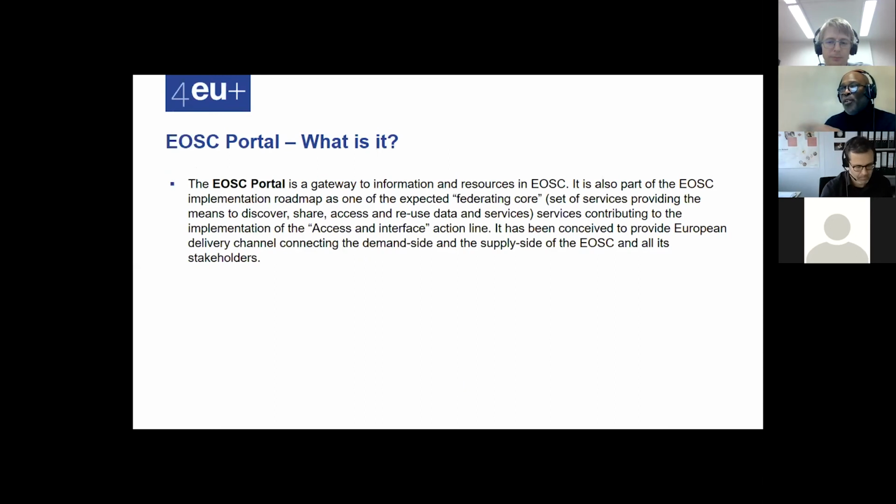It is part of the implementation roadmap, and one of the expected federated cores, which is the set of services providing the means to discover, share, access, and reuse data and services. The federated core services contribute to the implementation of the access and interface action line. It has been conceived by the European Commission as a delivery channel connecting the demand side and the supply side of the European Open Science Cloud.